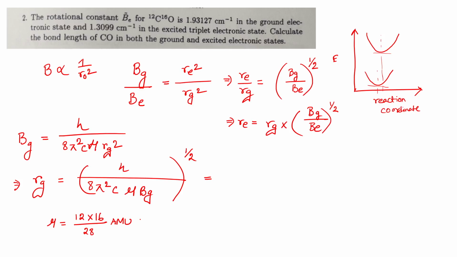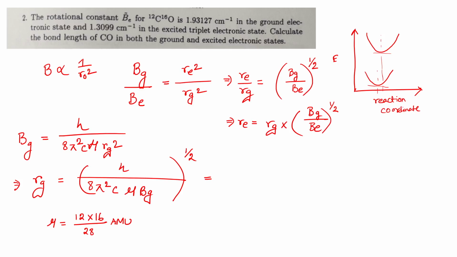I'll just use my mobile calculator to get the values. You also try to have the answer. 6.626 into 10 to the power minus 34 joule second, not joule per second, right?